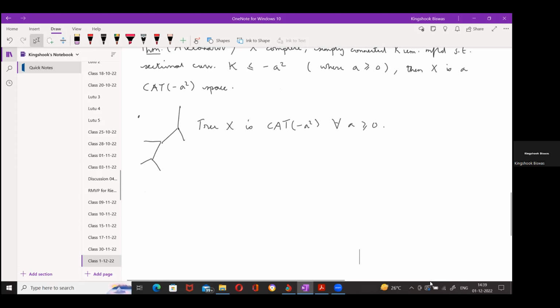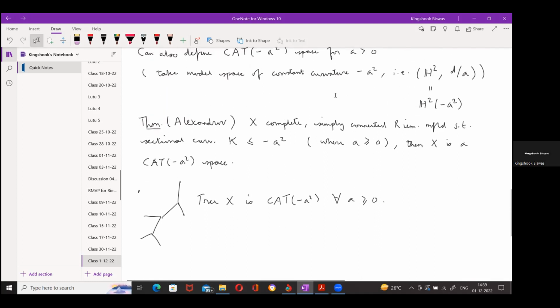So here the important hypothesis in Alexandrov's theorem: completeness, we always work with complete Riemannian manifolds normally. What's important is simply connected.